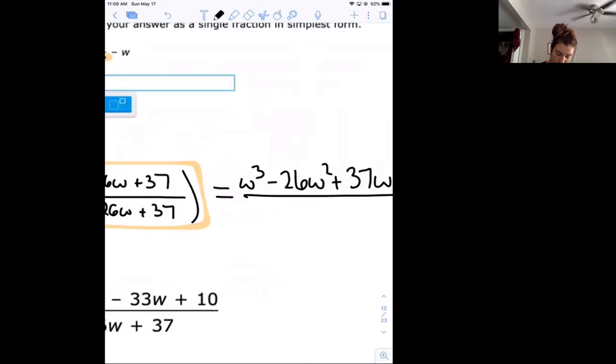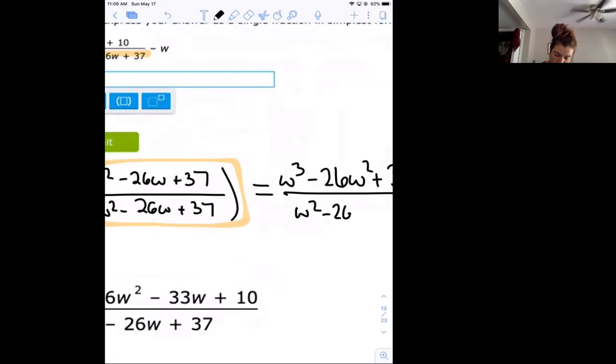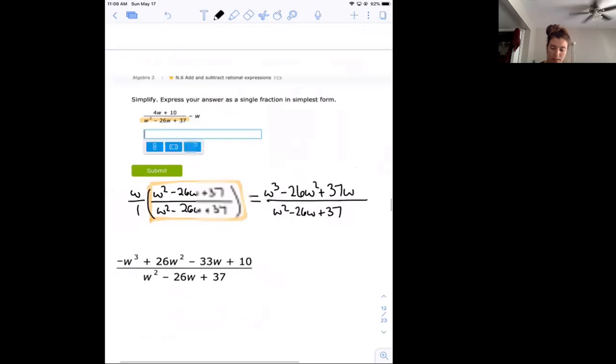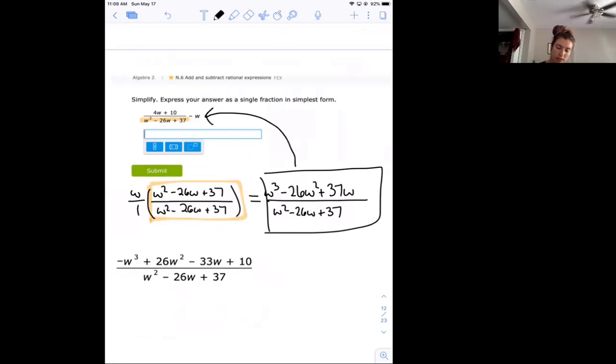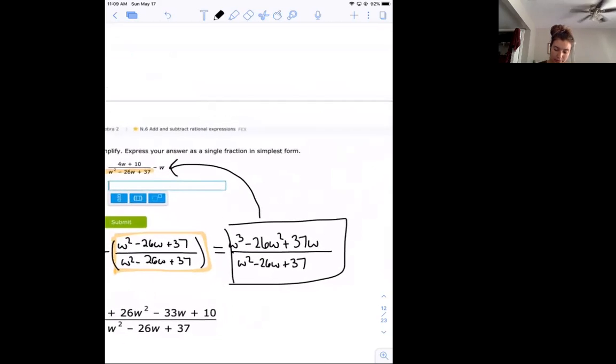So it's just W squared minus 26W plus 37. Cool. So all of this that I have now takes the place of just that W.